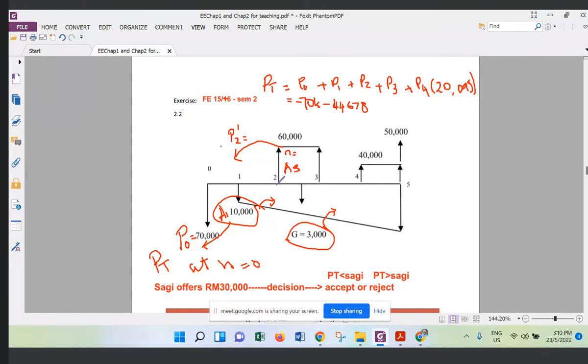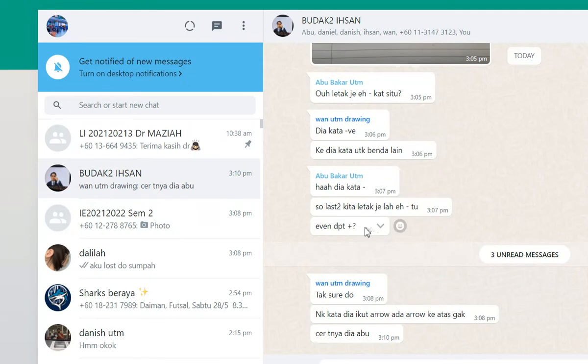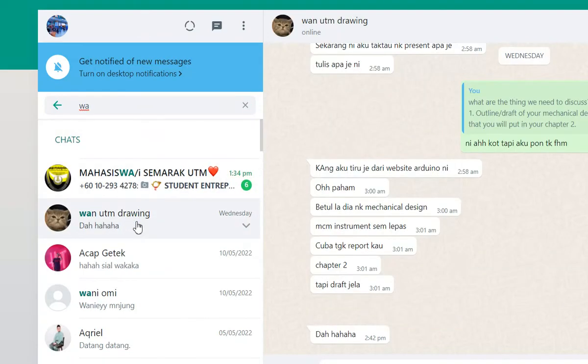So N equals to 2. Okay. So can you determine the value of P prime here? Boleh? Boleh eh?